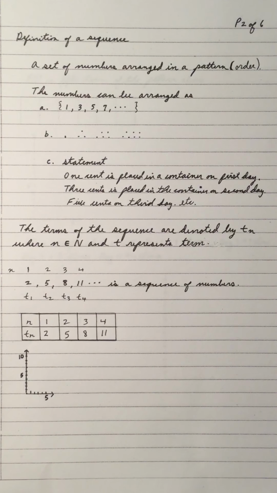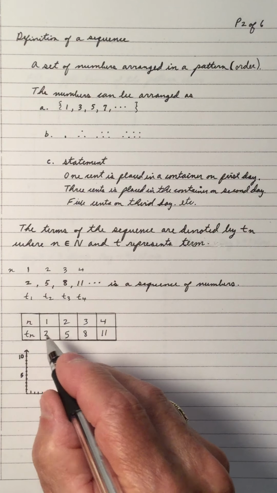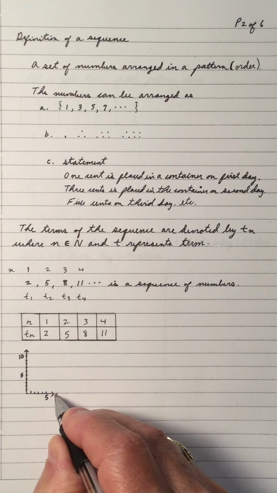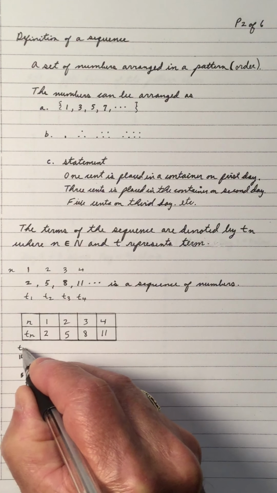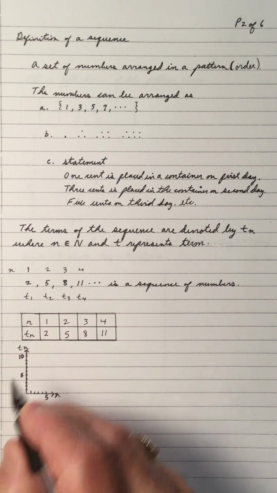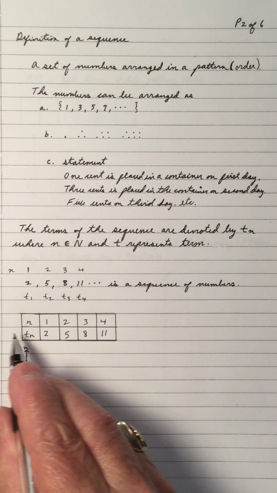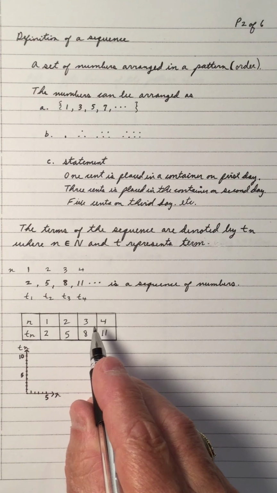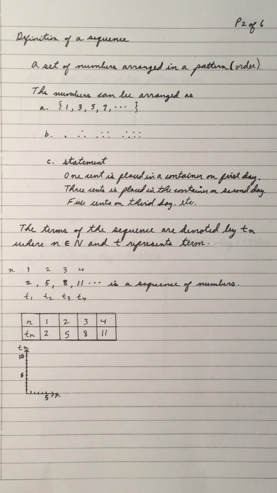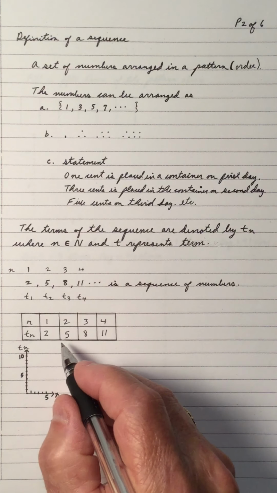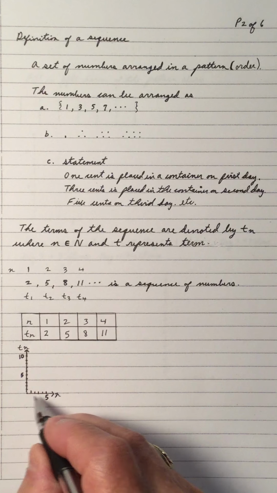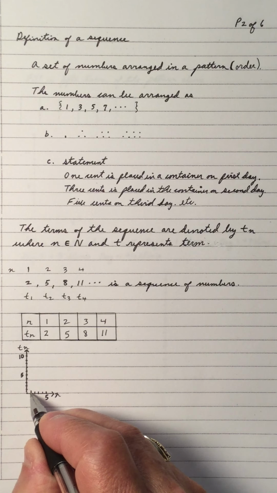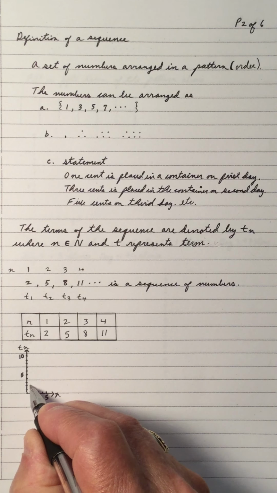Or we can do a graph, another way to represent it. N, this is the values of n, and this is the values of Tn. That's like an x and a y. But notice the table of values, I'm going sideways, and there's a reason for that as we move on in the sequence series. So when n is 1, right here, Tn is 2.